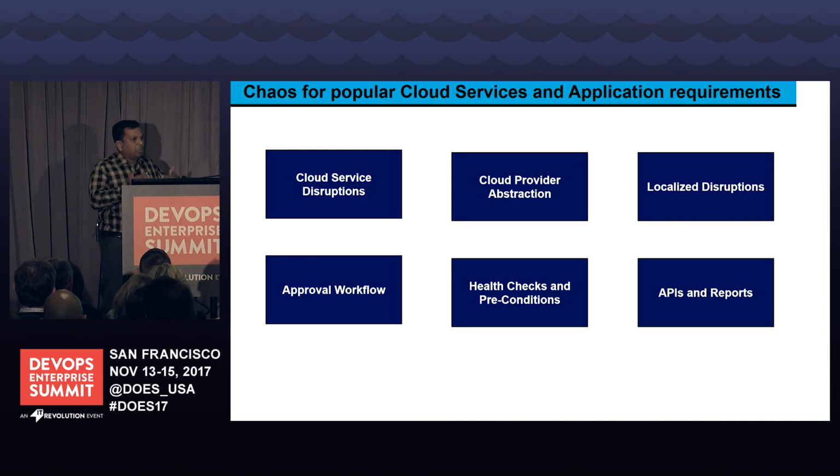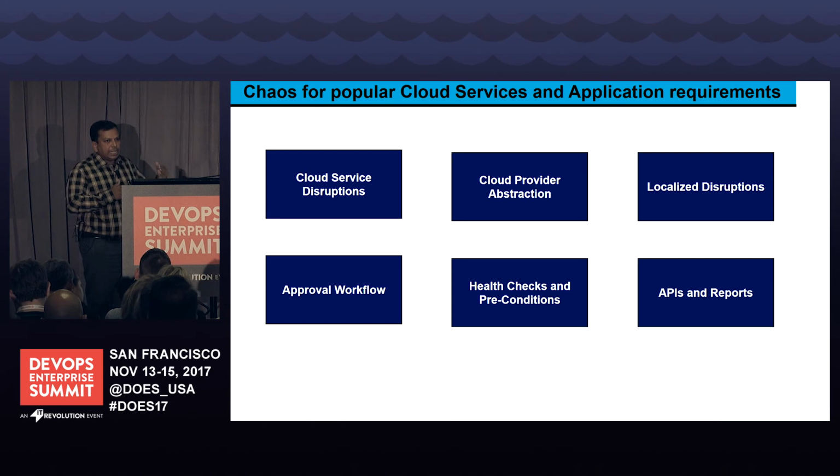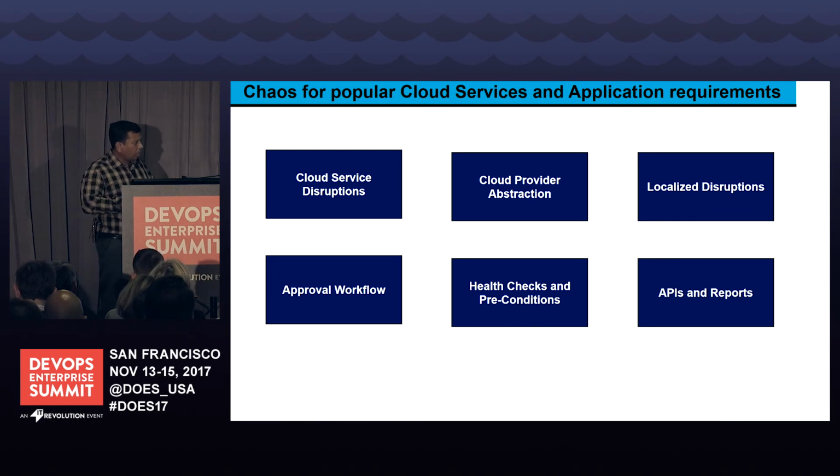It will create a report of what happened over that time, and it will send a detailed report of, hey, after your disruption executed, we ran the health check 5 times, 5 minutes at a time. The first 2 times it failed, and the rest of the times it succeeded. So overall your health may be okay. We also integrated with things like PagerDuty to do escalation if the health check fails.